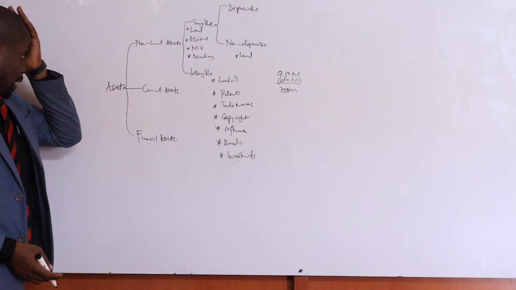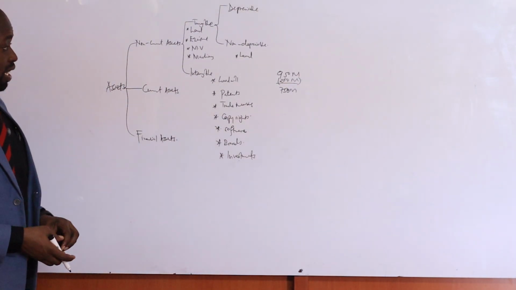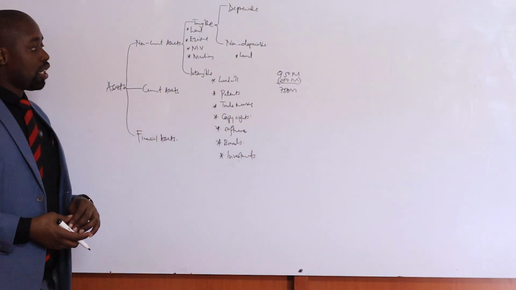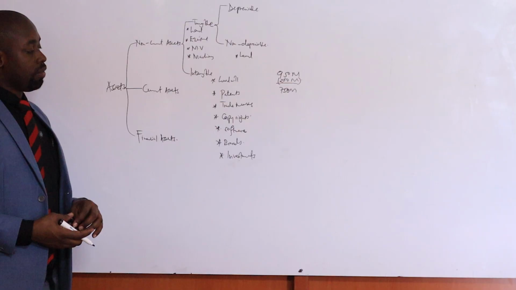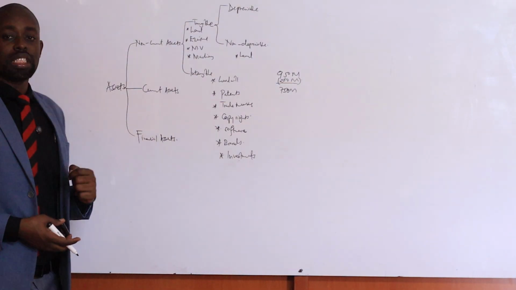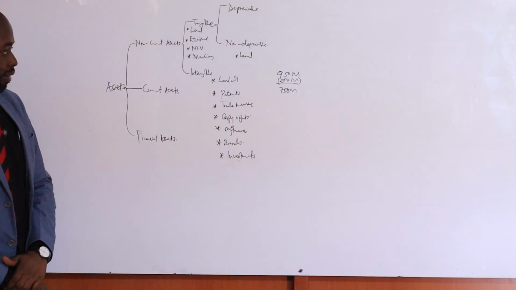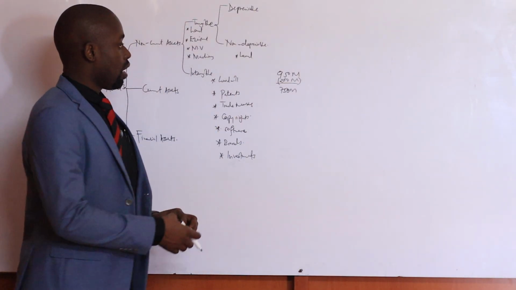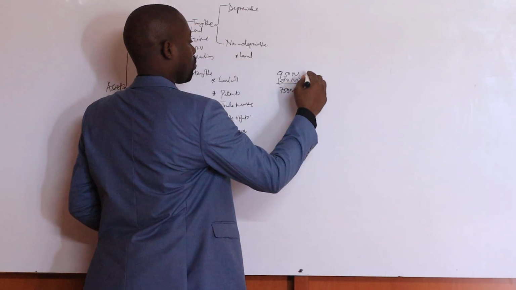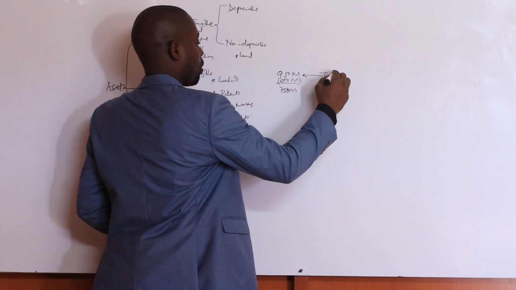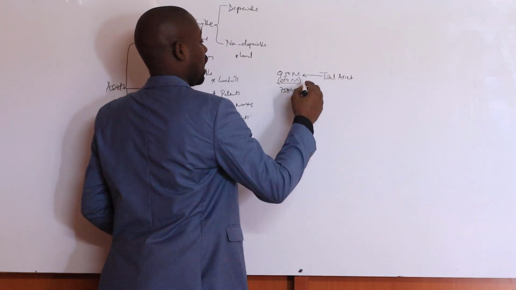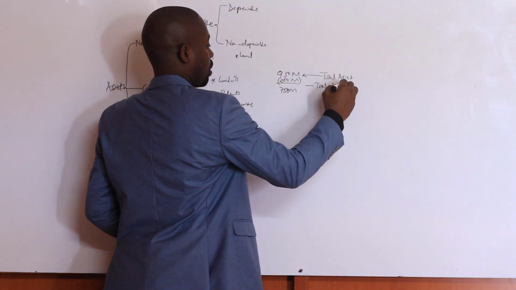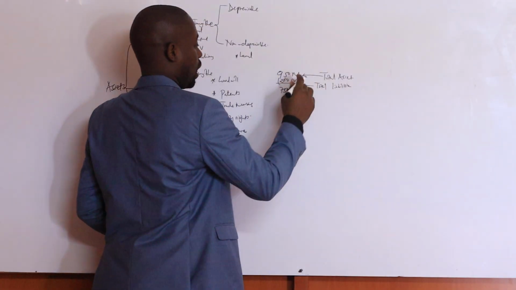So the owner wants to sell this business and is telling the buyer, I want you to give me 900 million for my business. But then the buyer is asking, we've just confirmed from the valuer the net assets. So this is what we call total assets, and then the total liabilities, the owings, is 200.